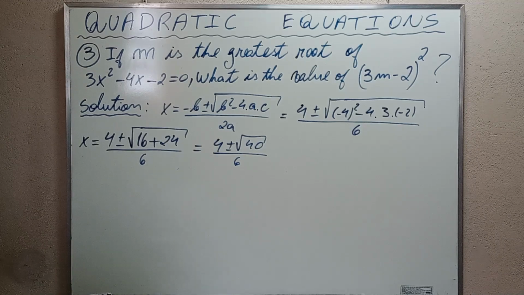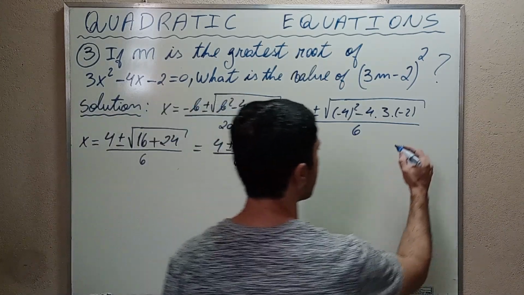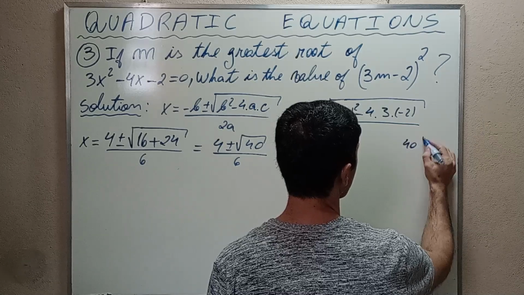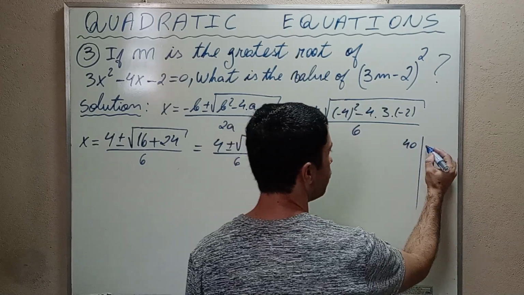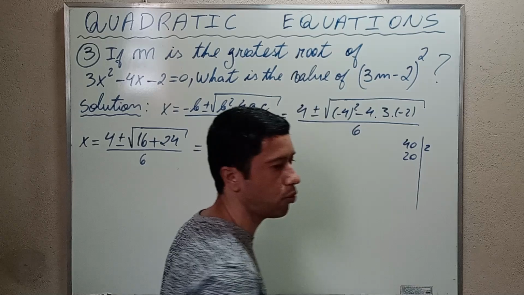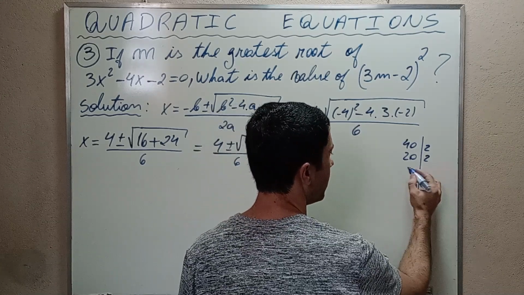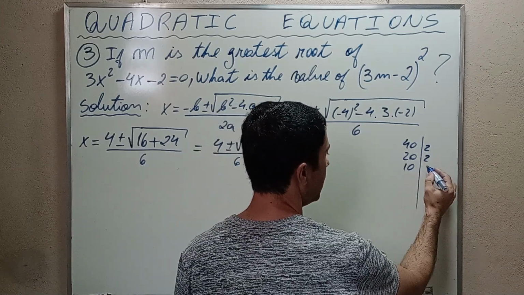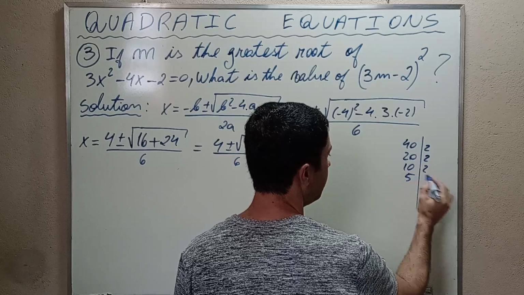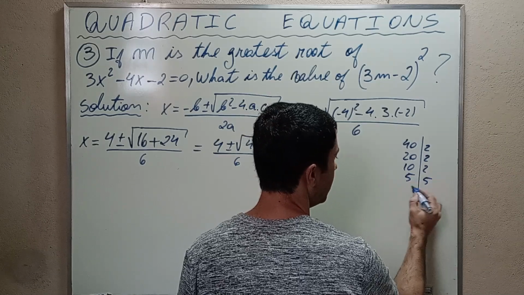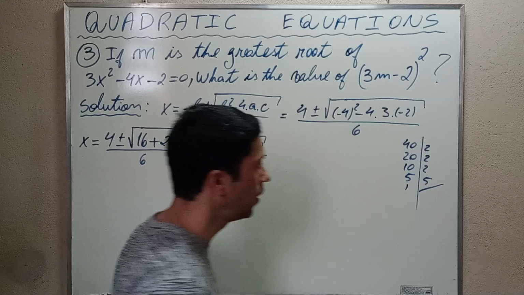We need to find the divisors of 40. 40 divided by 2 is 20. 20 divided by 2 is 10. 10 divided by 2 is 5. 5 divided by 5 is 1. Okay?